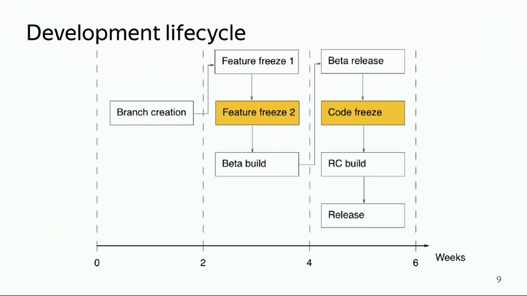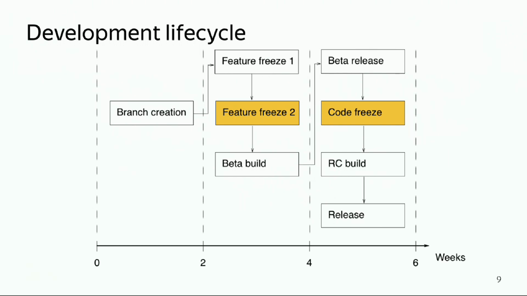One of them is called feature freeze. This is the stage when we get the list of features which will go to release. So we create the set of features, and we know that they will be released.